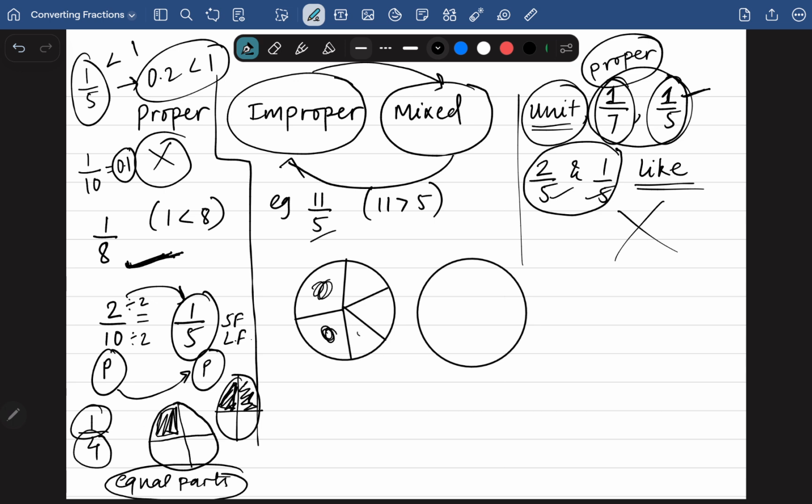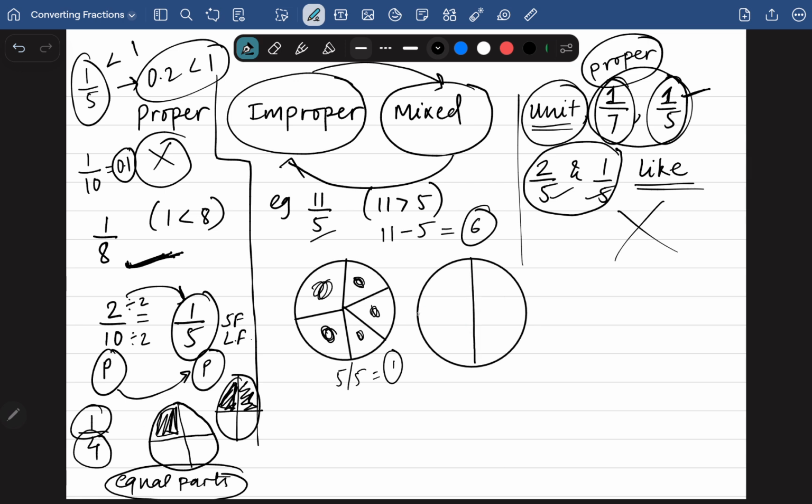If I fill all the 5 parts of this pizza, which is 5 over 5, I get one whole pizza. If I subtract 5 from 11, I get 6, which means I still need to consider 6 more equal slices.